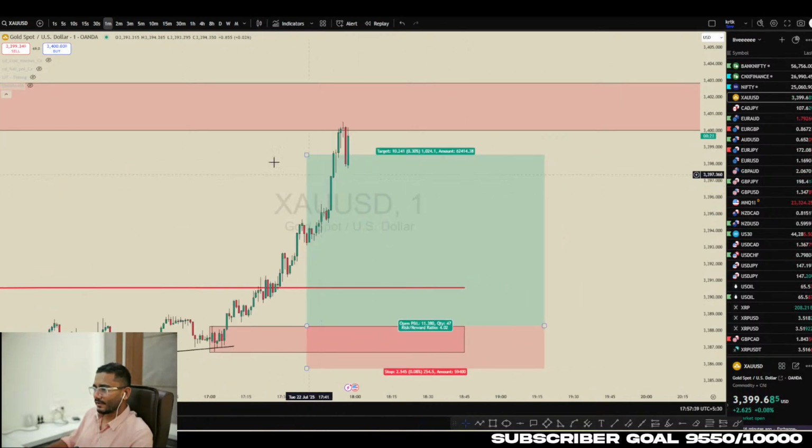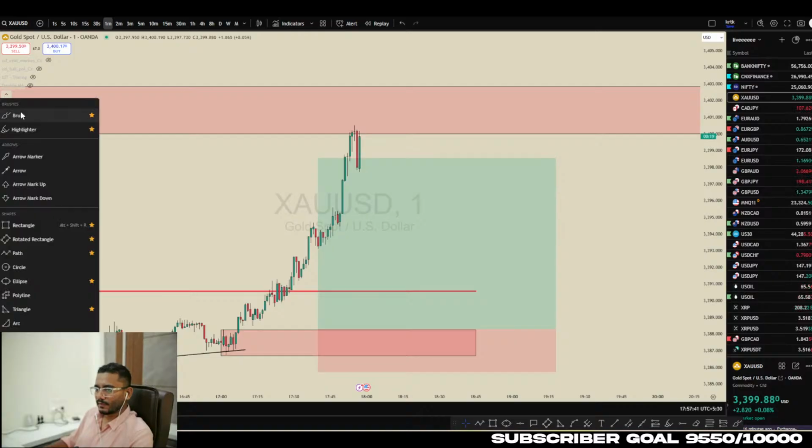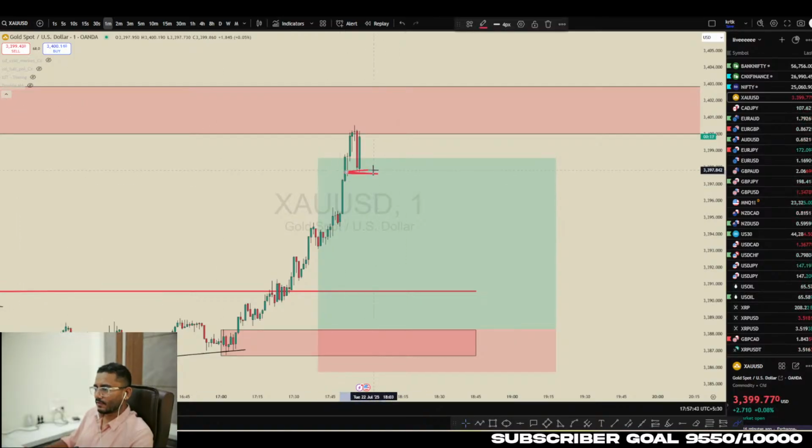Right now, price is creating structure at this area. So we can see this is the low which price has created. It will continue higher.